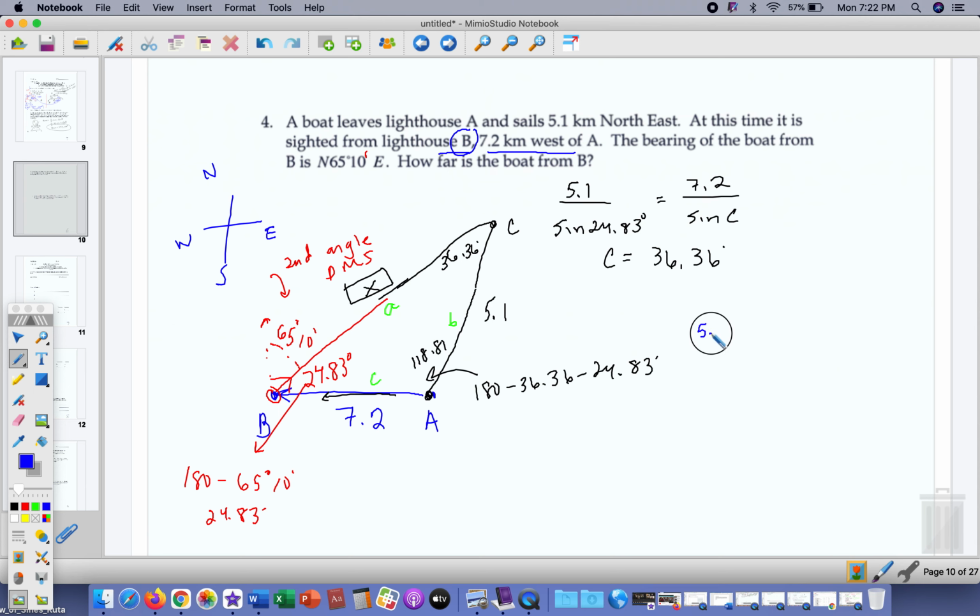We could do little b over sine of B. We want little a, which we're calling x, over sine of angle A, 118.81. And when we cross multiply, we will get about 10.64. So that's the end of page 6.